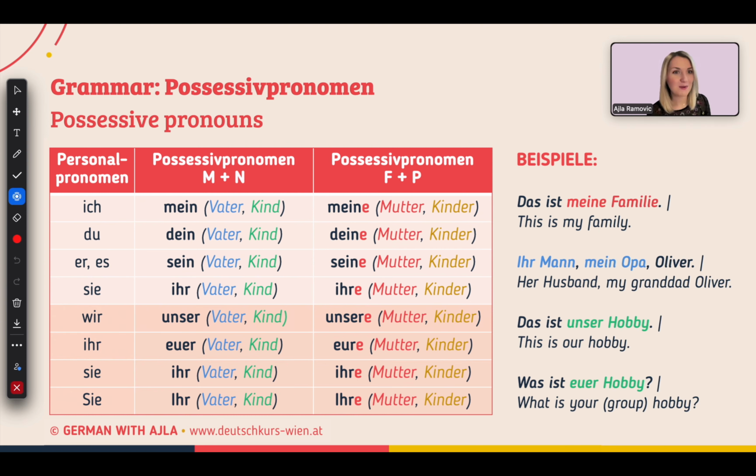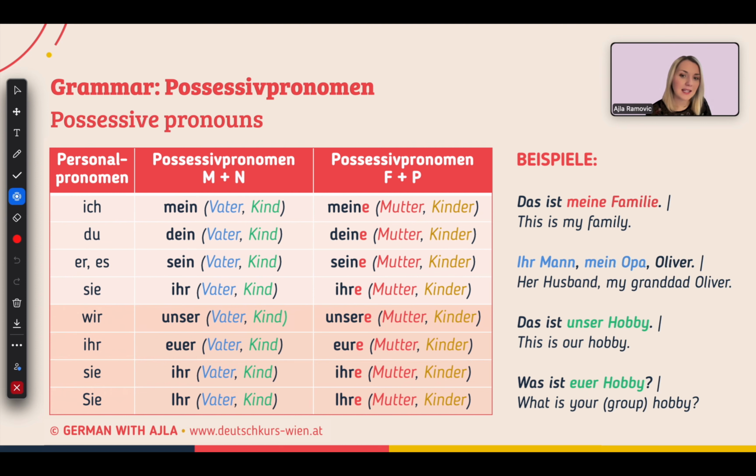And one more example for the big S with the capital S. Here again, we would use the possessive pronouns ihr und ihre, but just written with a capital letter as well. Ihr und ihre meaning your. But when you are speaking to a person in a formal way, let's imagine you are speaking to your boss, a person that you have a formal relationship with and that you are addressing with you formal.